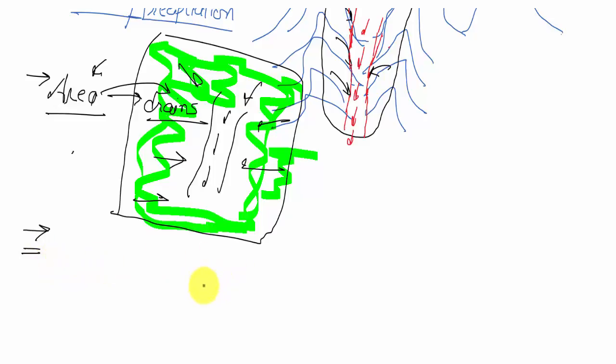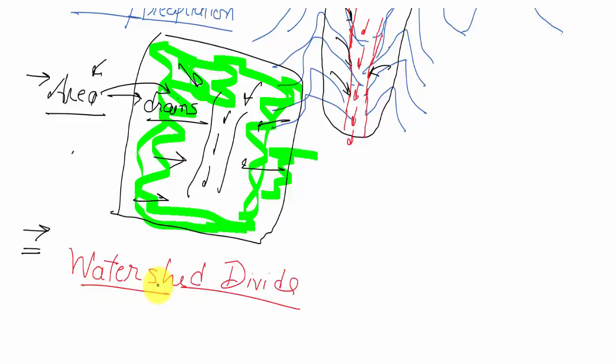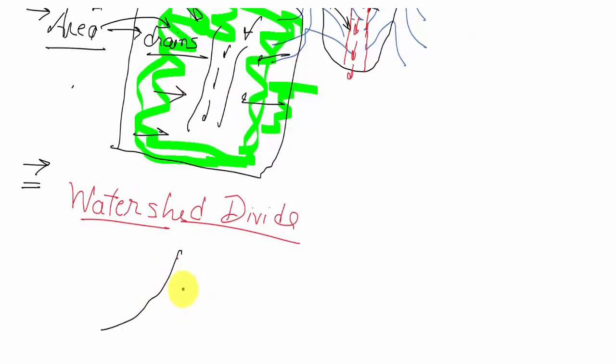Now we look at what is called watershed divide or topographic water divide. Watershed divide is that concept which separates two catchment areas. Basically, suppose we have two rivers flowing like this and another river flowing like this.